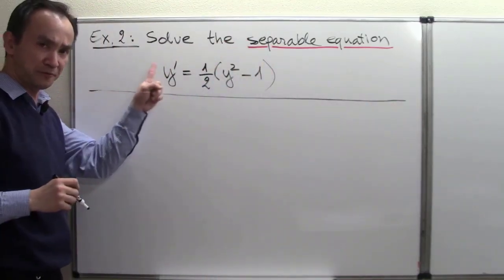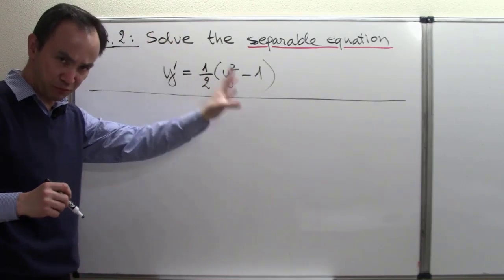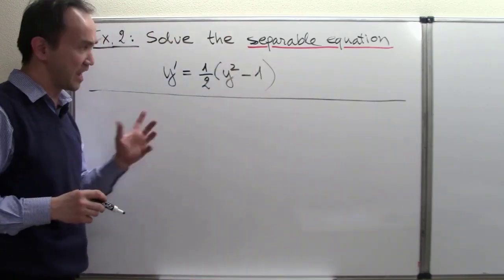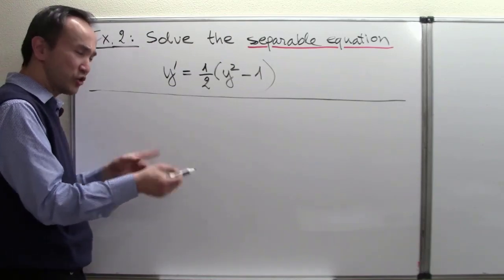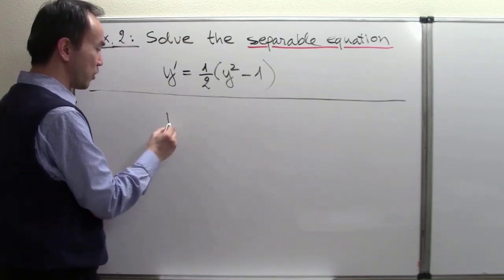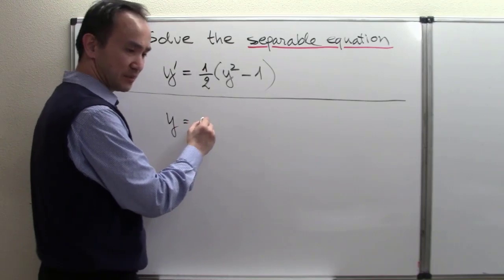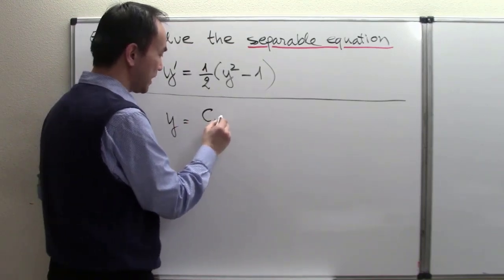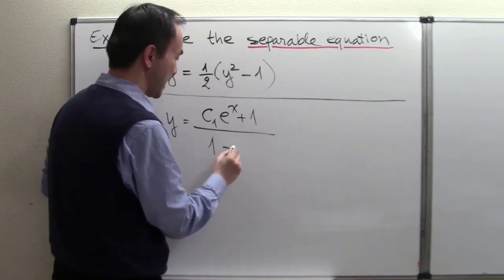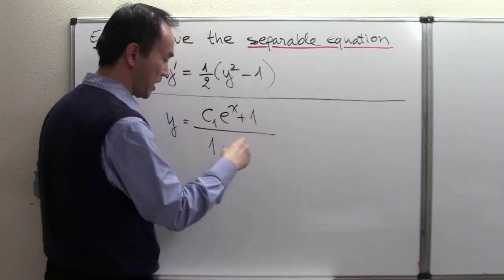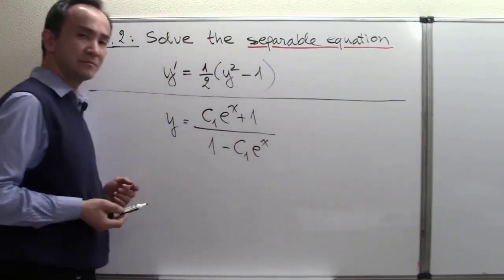So from example 2, as a problem where we solved a given separable differential equation, we came to the solution: y equals c1 e to the x plus 1 over 1 minus c1 times e to the x.